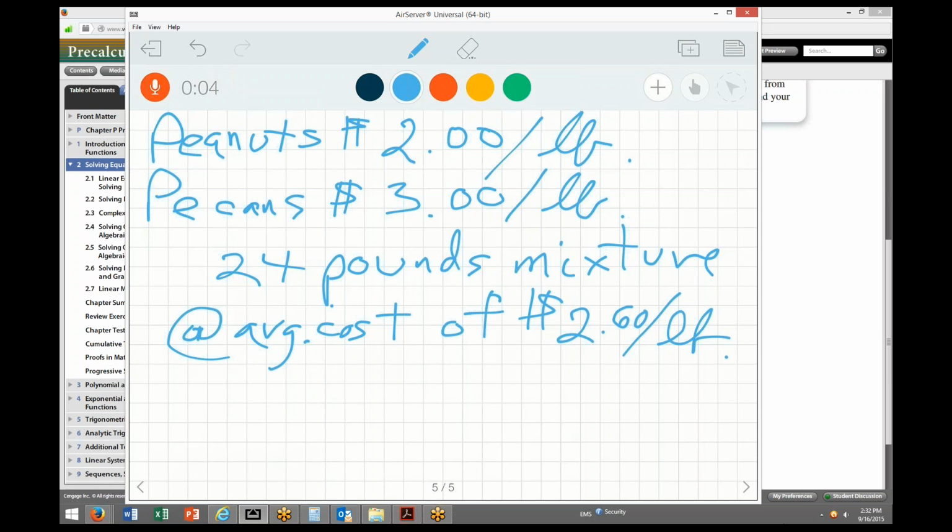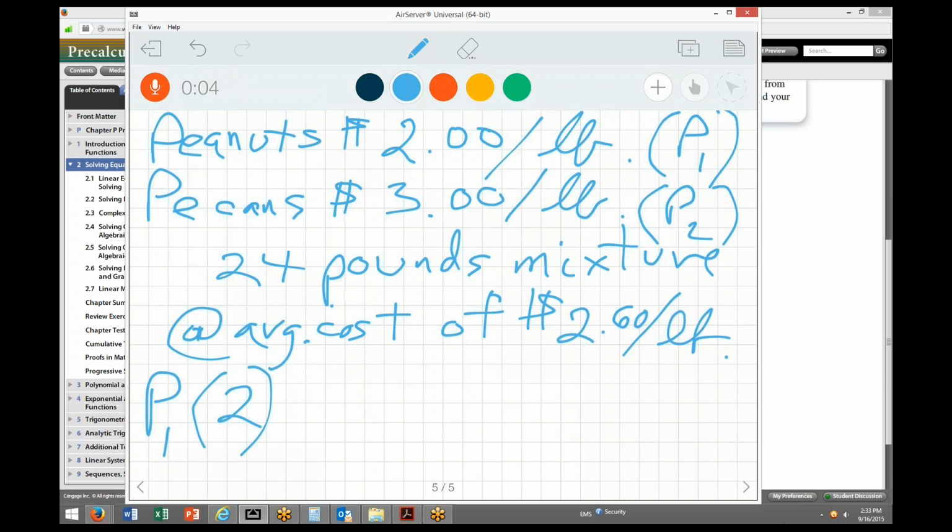So if we set this up, for instance, let the number of pounds of peanuts be P1, and the number of pounds of pecans be P2. Then we can say P1 times, I'm just going to put the dollar amount in a round number, not with $.00.